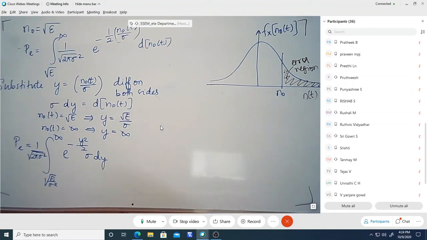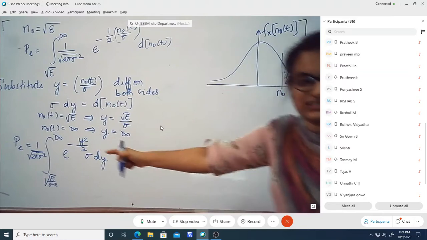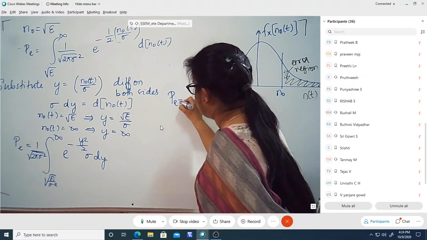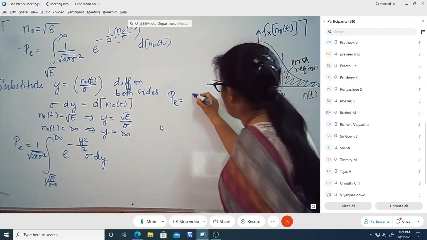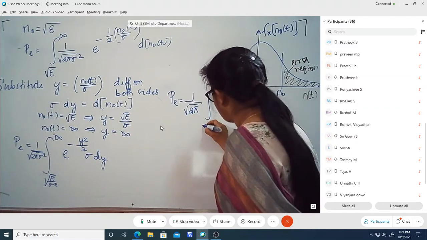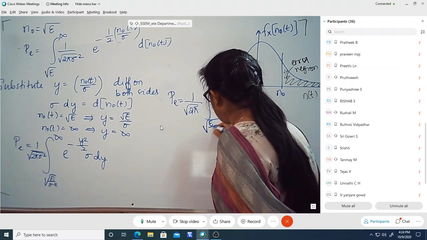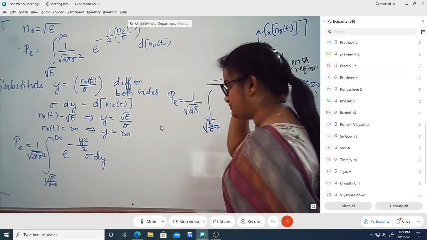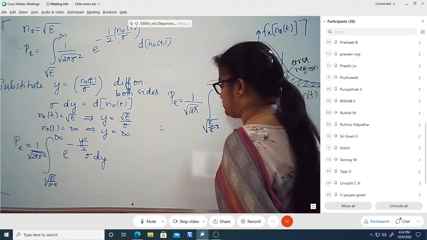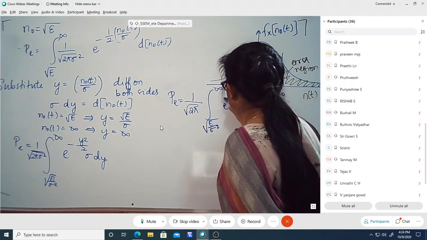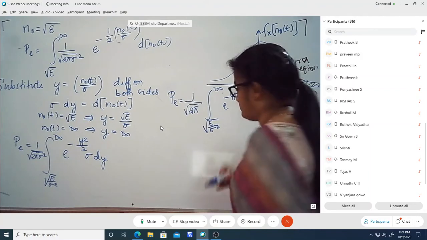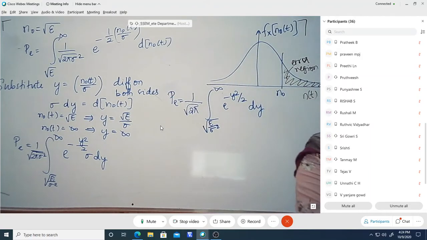When we do this, cancelling the terms wherever possible, PE is equal to 1 over under the root 2 pi, integral from root E by sigma till infinity, e raised to minus y square by 2 into dy. Now this is a standard form.